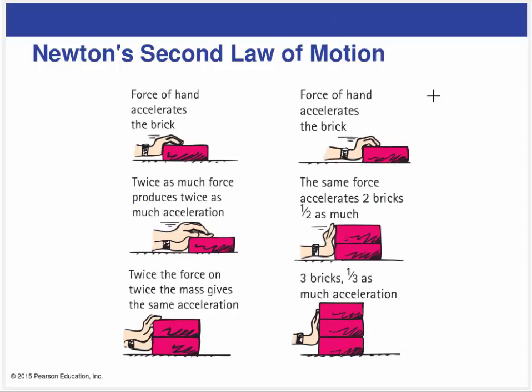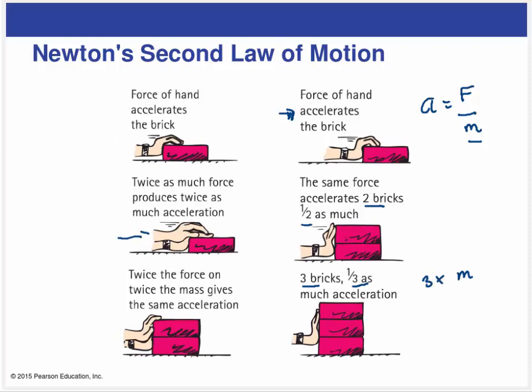So let's look at this conceptually, remembering that an object's acceleration is going to be the force divided by the mass. If we have some force that's going to accelerate the brick at some rate, then we would expect that with 2 bricks, we're essentially doubling the mass, so it would accelerate half as much, and 3 bricks would accelerate a third as much because we have 3 times the mass, we're dividing by a larger number.